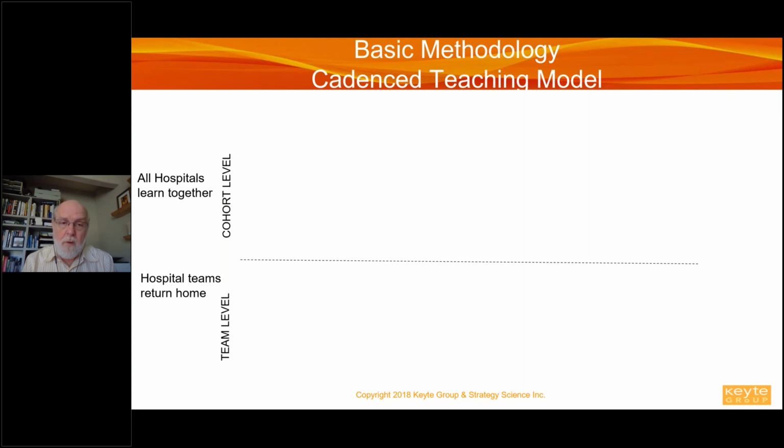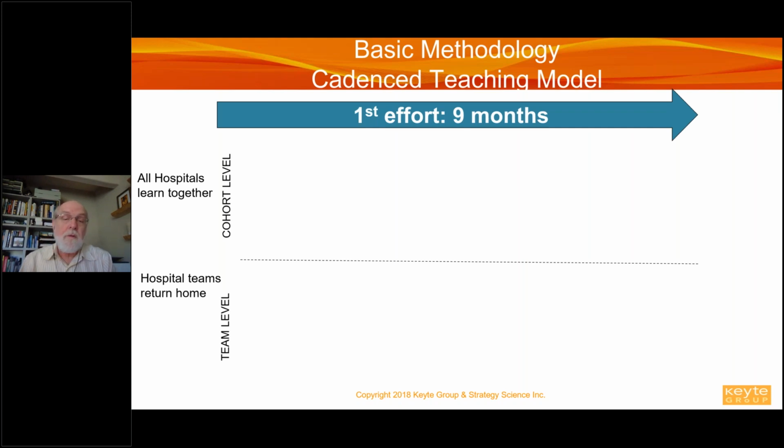Each one of those is a cohort. And then there's a hospital team, where those three people who attend the cohort, the A team, go back and teach the hospital teams the other 27 shifts. So those are the two levels. And this is how we went about doing it.